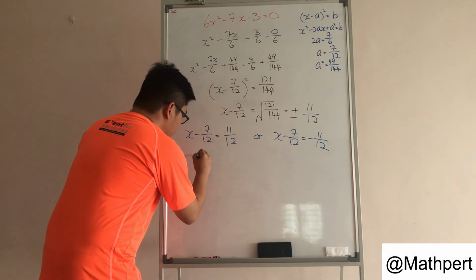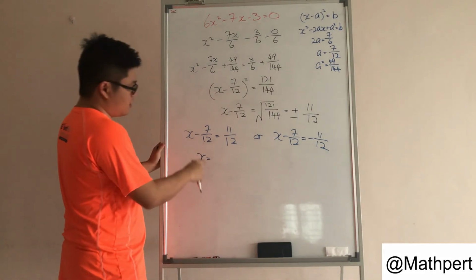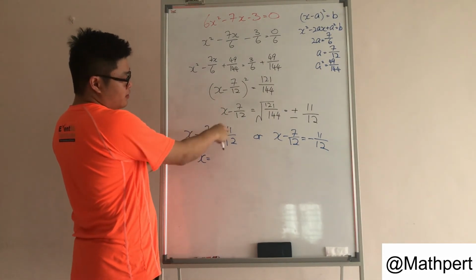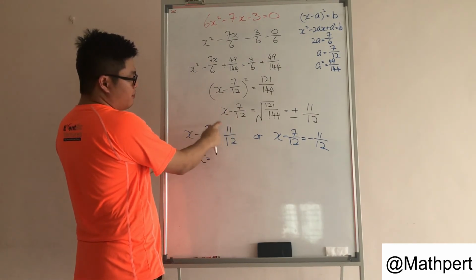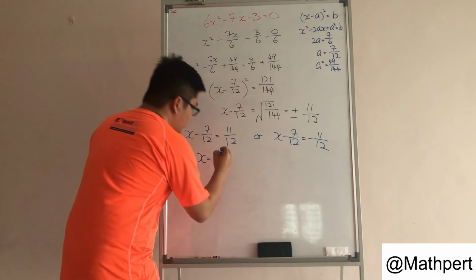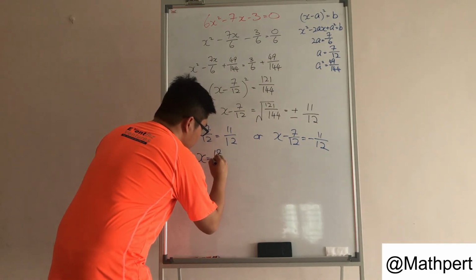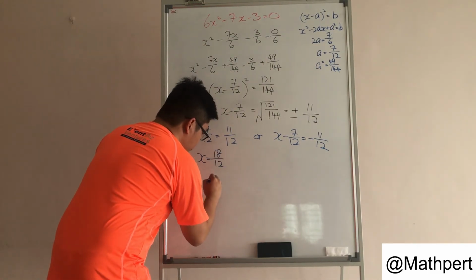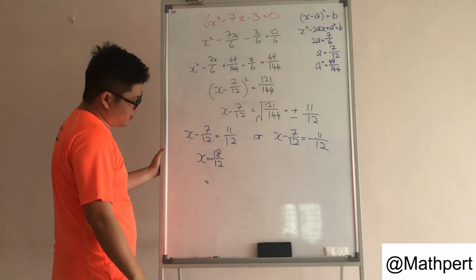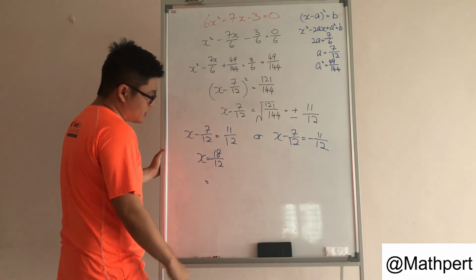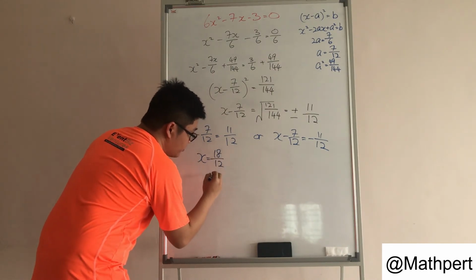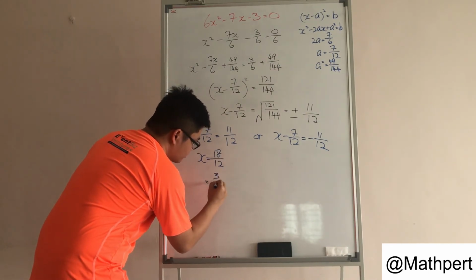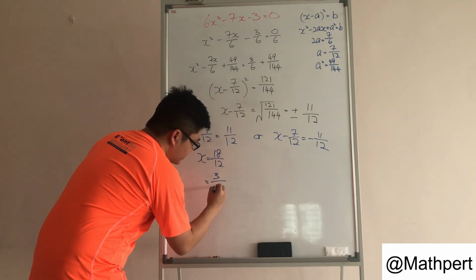So this one becomes x equals 11/12, with negative 7/12 moving to the right hand side becoming positive 7/12. 11 plus 7 is 18, so 18/12. We can simplify it by dividing by 6. 18 divided by 6 is 3, 12 divided by 6 is 2.